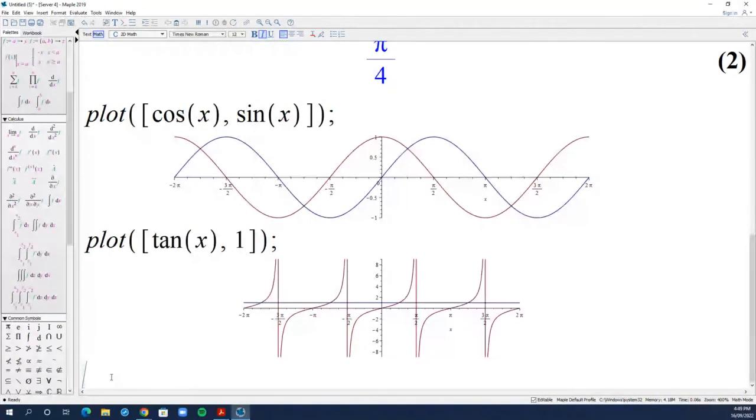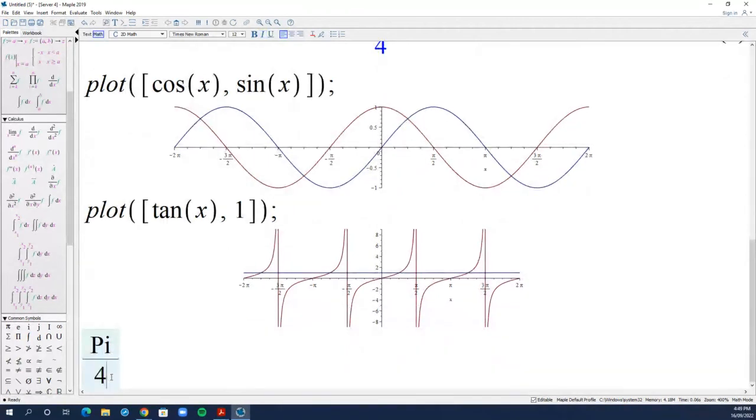So our solution set is going to be pi on 4, pi on 4 plus pi, pi on 4 minus pi, and so on.